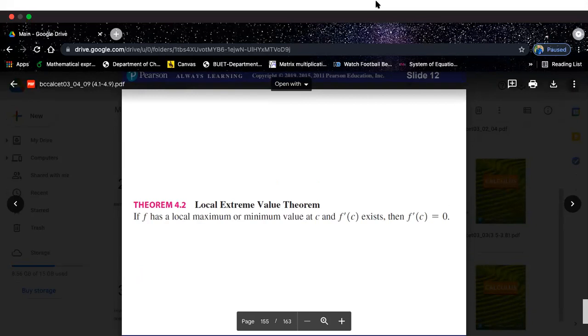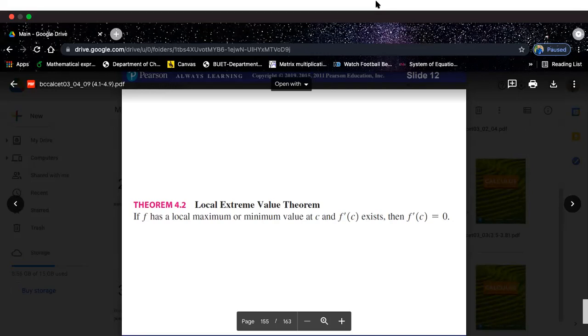And what does it say? It says if a function has a local maximum or a local minimum at C, and if the derivative exists, that means if it's differentiable at that point, then the first derivative at that point will be 0.